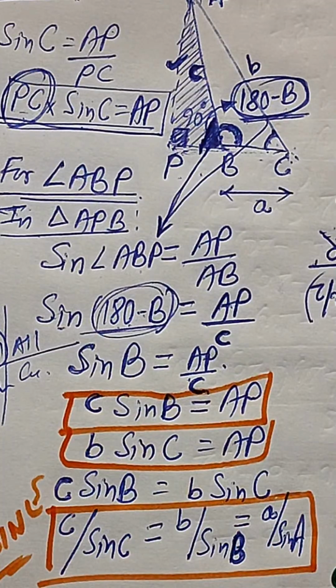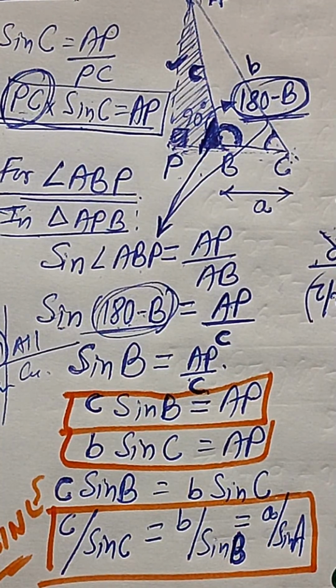So my dear friends, this is the derivation of the sine rule for acute, obtuse and right angle triangles.